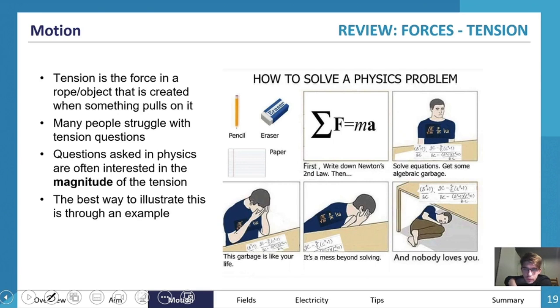Okay, so now we're moving on to stuff that is a little bit more difficult, because we're moving on into the tension topic. So the topic of tension is the tricky one.